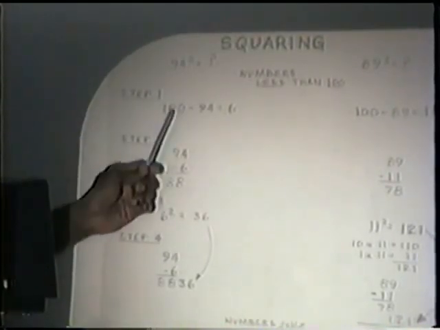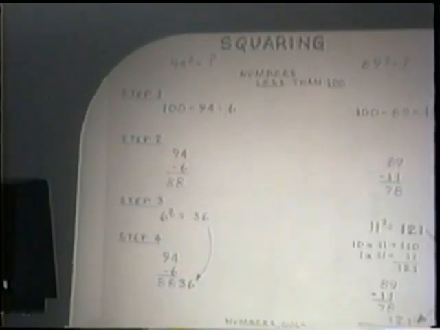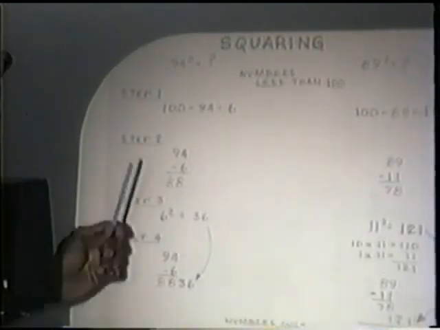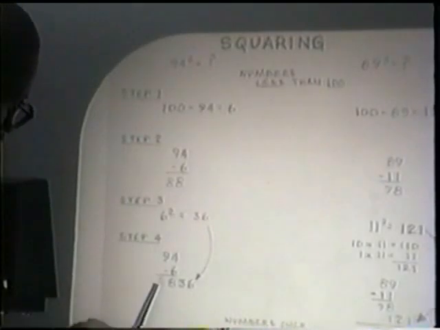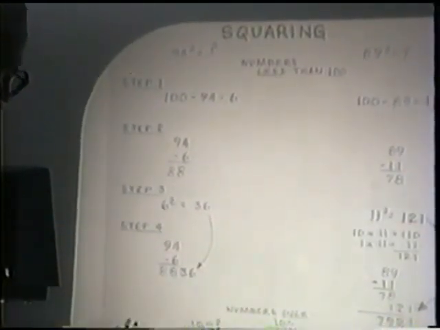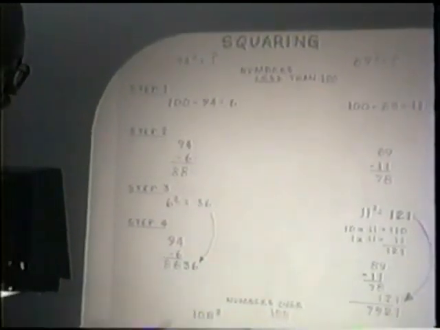We find out what you have to add to 94 to make it 100, which is 6. Then we take the 6 and subtract it from 94, and we get 88. Then we square the 6 and we get 36. We add that to the end, so we have 88 and 36. 94 times 94 is 8,836. That's how we did it.